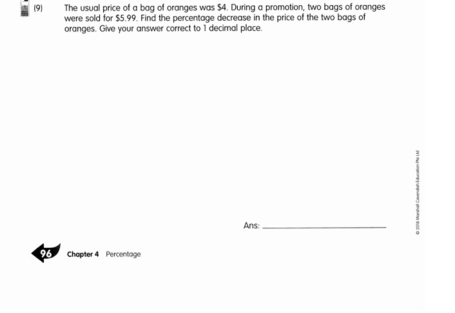So 2 bags of oranges at the usual price will be 4 multiplied by 2 equals 8, right? Okay. They want to find the percentage decrease. That means I need to find the difference between the usual price and the promotion price.